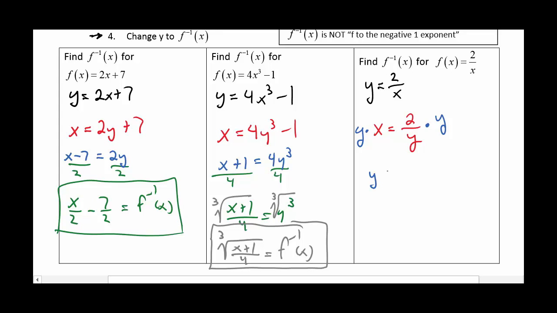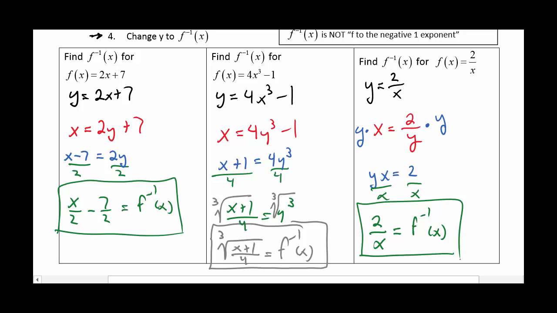That gives me yx equals 2. Now I want to get y by itself, so I'm going to divide both sides by x. So that means 2 over x is the inverse of this. It just so happens to be the exact same thing that we started off with.